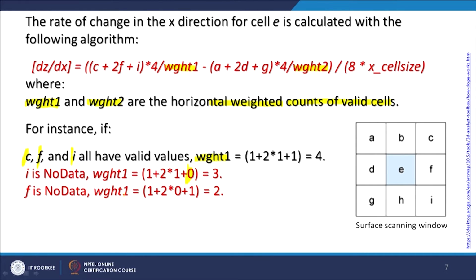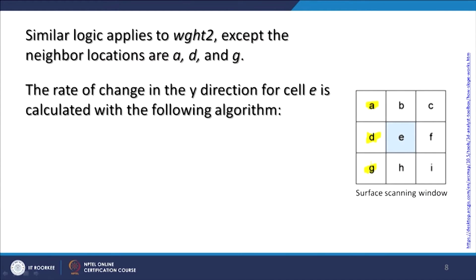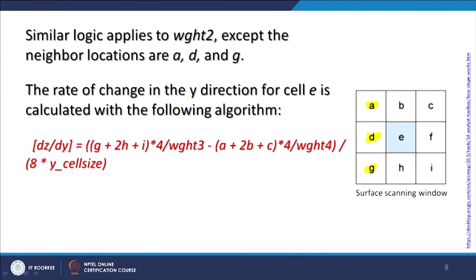If F is no data, then the calculation will be like this, and similar logic will apply to weight 2 also, except the neighborhood operators are A, D and G, likewise. So for each cell the calculation is done. The rate of change in the y direction for the cell E is calculated with the following.